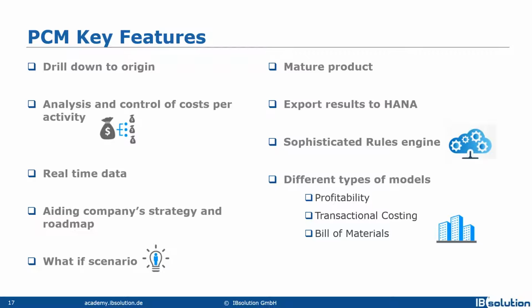PCM also can offer different models. So profitability is the main one and it's most commonly used, but there are other two branches in the tree. One of them is transactional costing, so this is digging even lower at the lowest level of detail and information, and bill of materials.